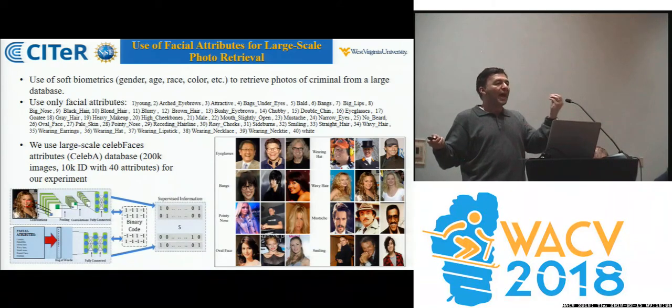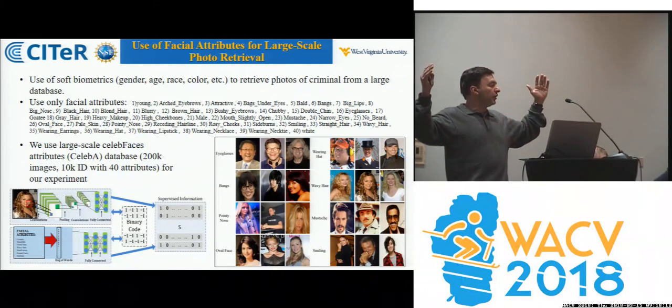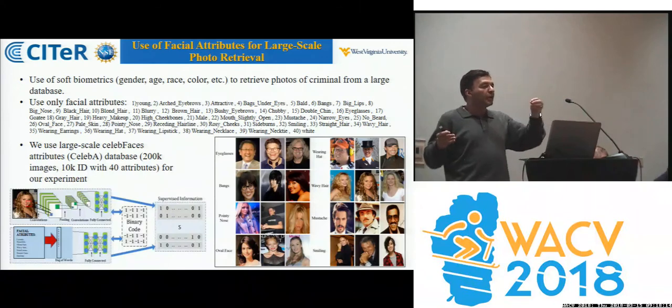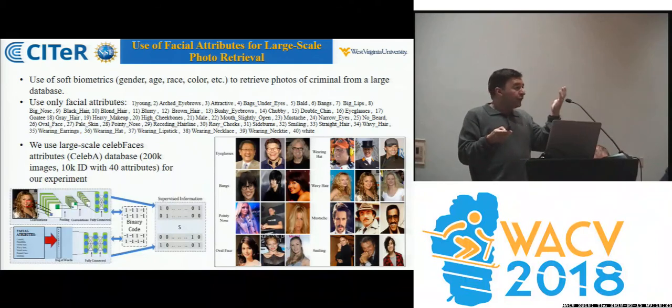Given these facial attributes, can we quickly go through our largest scale visible gallery and bring up all the images that match these facial attributes? And we want to do this extremely fast, okay? So how can we do that?